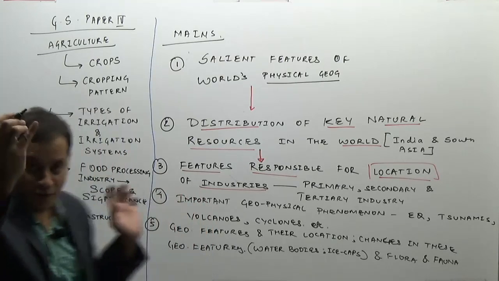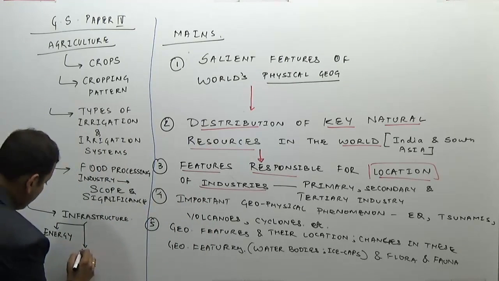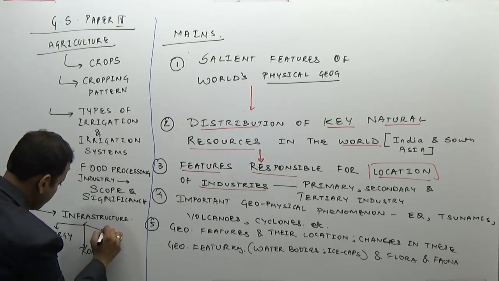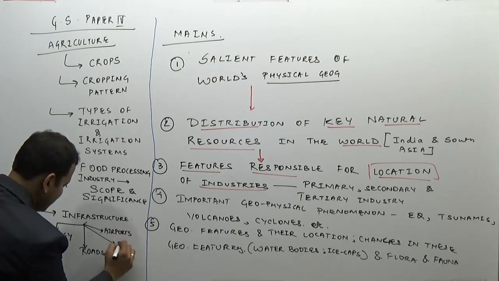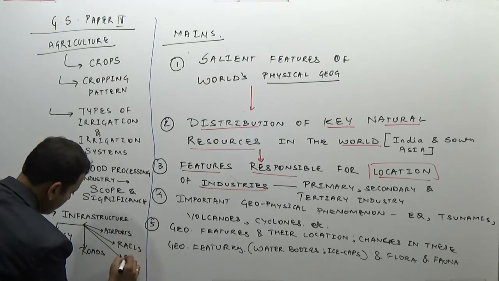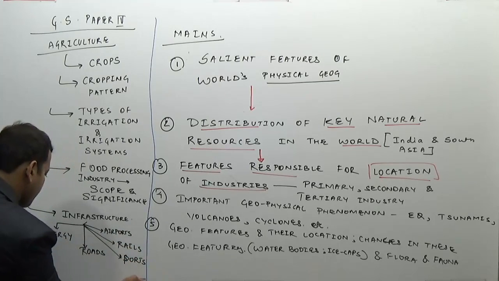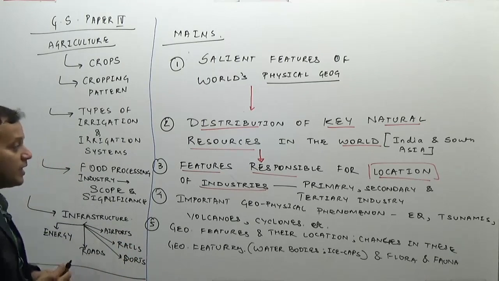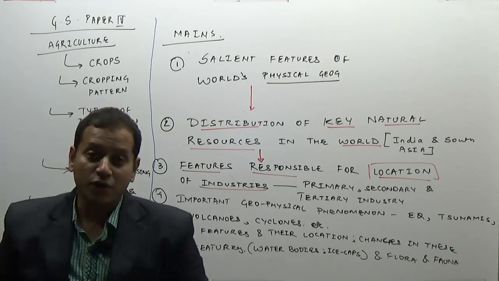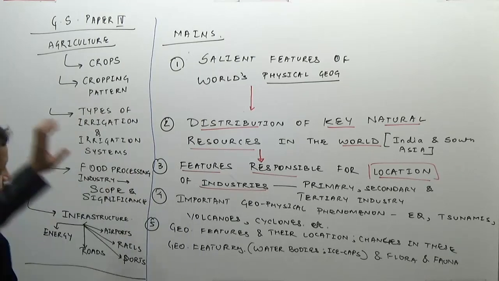In terms of roads, in terms of airports, in terms of rails, and in terms of seaports, or we can say ports. So this is the other part of geography which is given indirectly in paper 3.